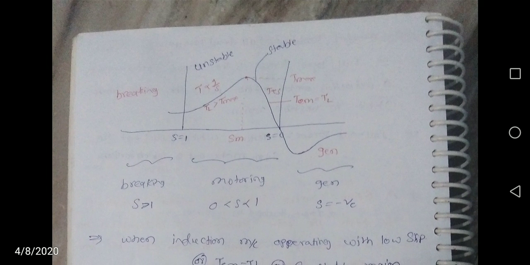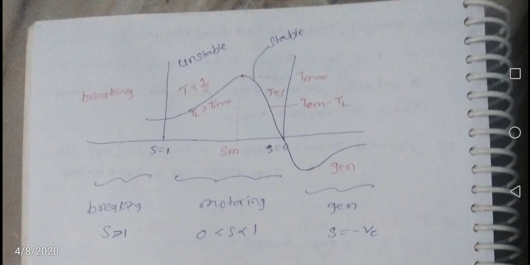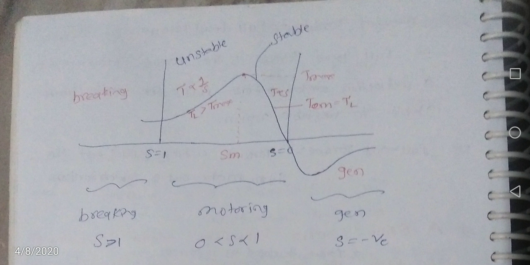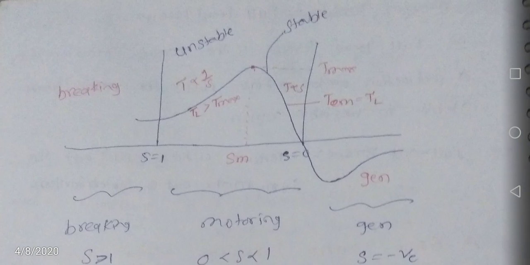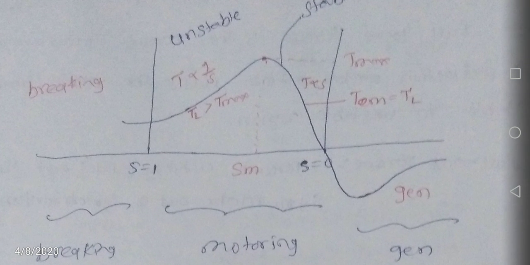So this is the torque slip characteristics. When slip is 0, that means N is equal to Nr.